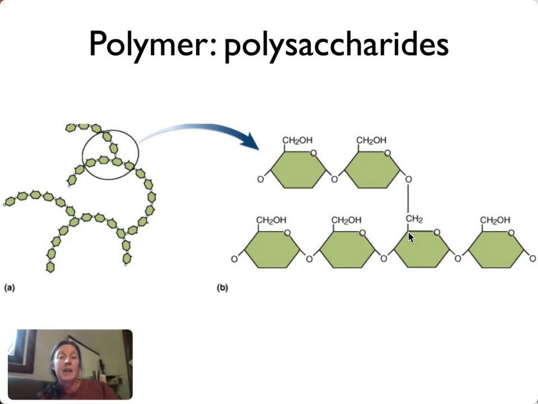Now, humans are capable of digesting starch, but we are not capable of digesting cellulose. We don't have the enzymes to break the glucose molecules apart for that polysaccharide.